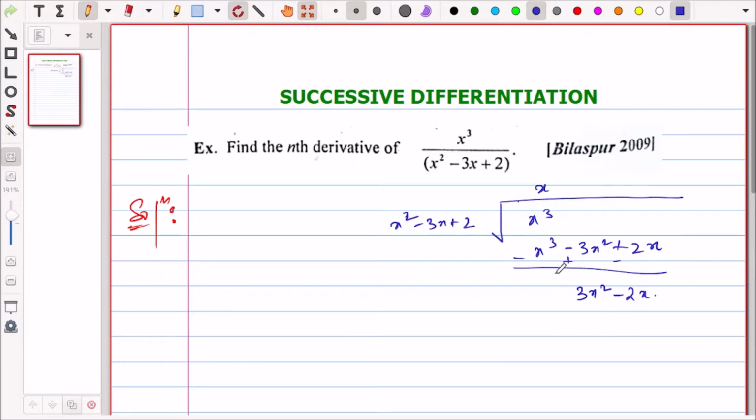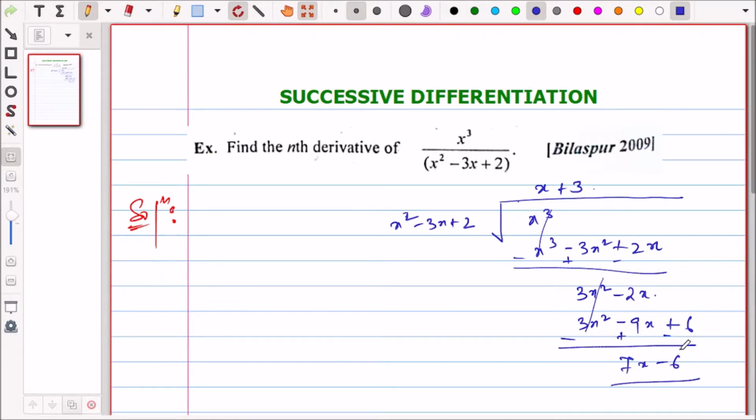Again, because its degree is the same as this degree, we will divide again. This is 3x square minus 9x plus 6. Subtracting, this cancels out, this cancels out, so you get 7x minus 6. Now because its degree is smaller than the divisor, this is our remainder.